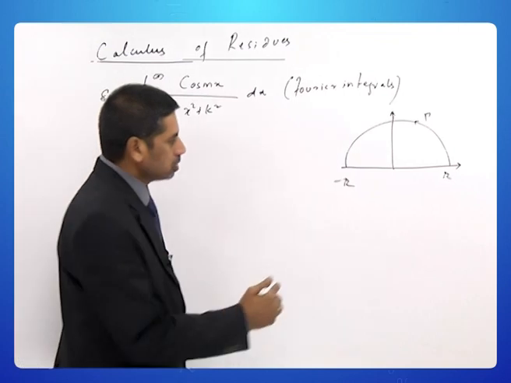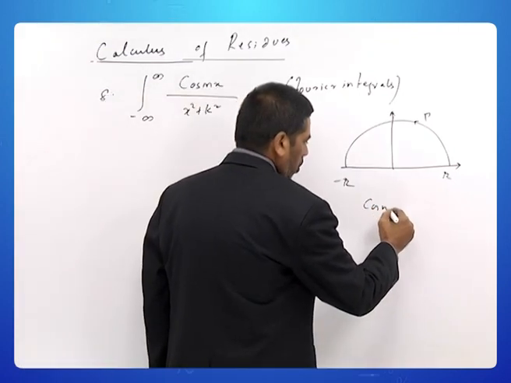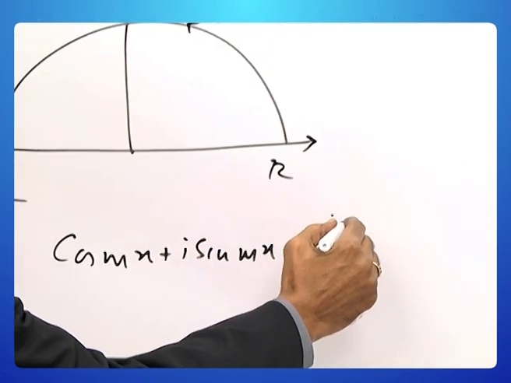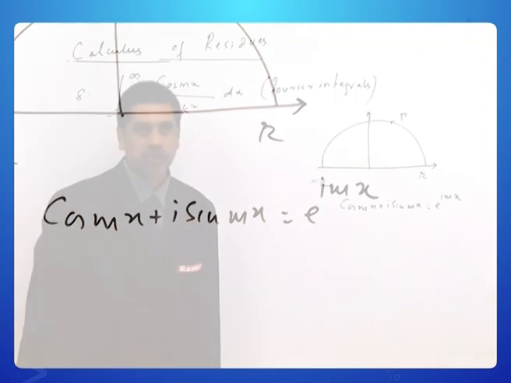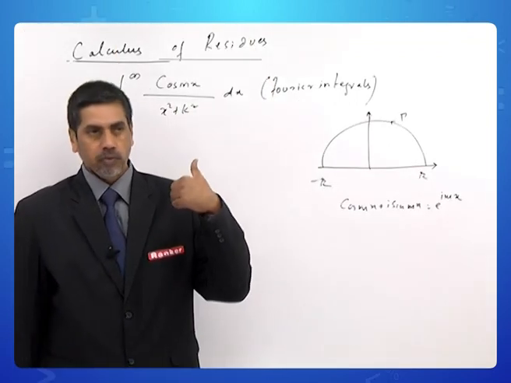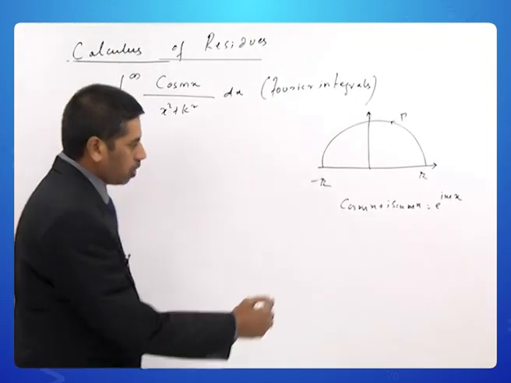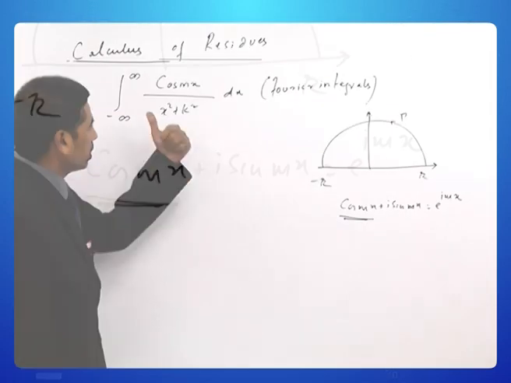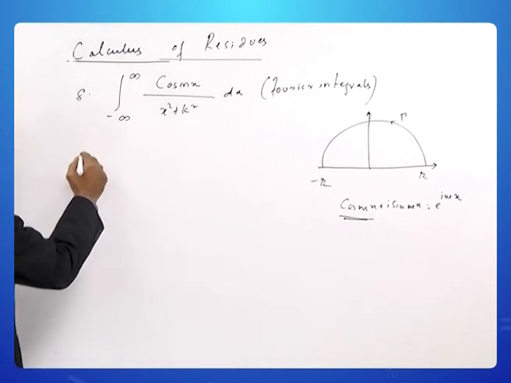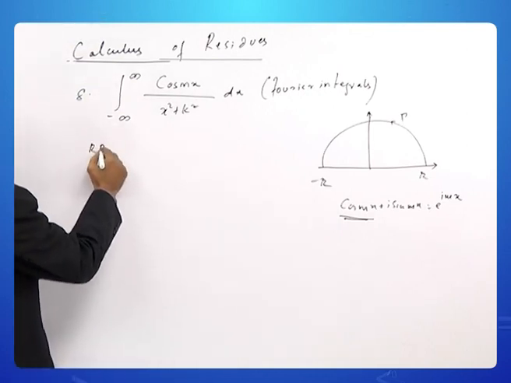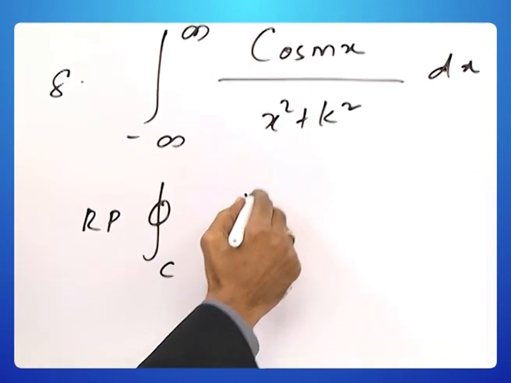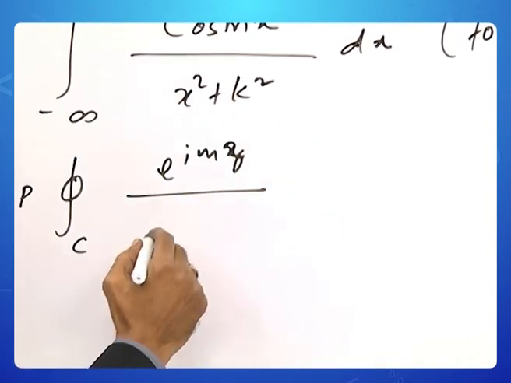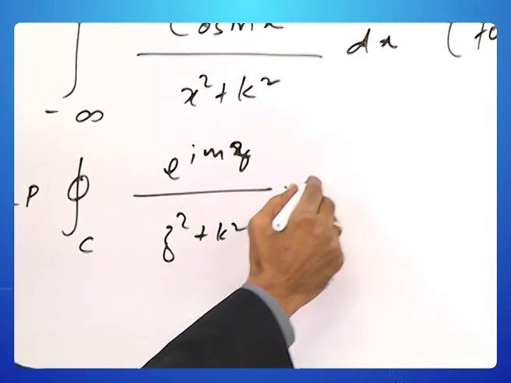Now, all of you know that cos mx plus i sin mx can be compactly written as e power i mx. So, when you look at the problem given to you, cos mx happens to be the real part of e power i mx. So, we can write this as the real part of the integral over c of e power i m z by (z square plus k squared) dz.